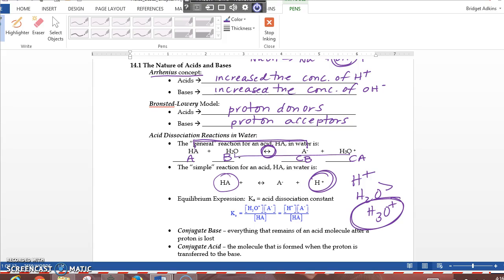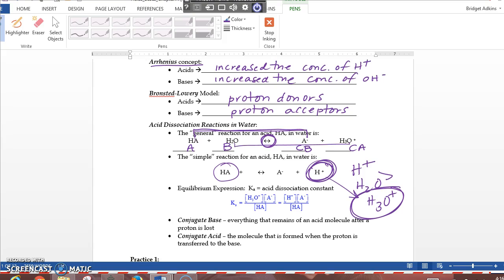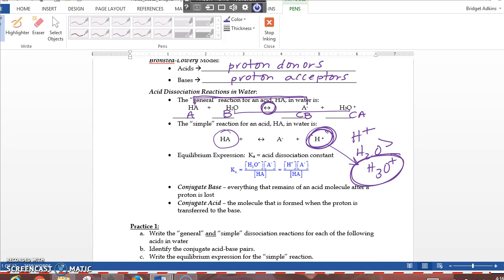So if we leave that water out and we just show the HA breaking up into A- and H+, it's understood that this is H3O+. Okay? So either is really acceptable, and you see in the Ka expression, it's still products over reactants.